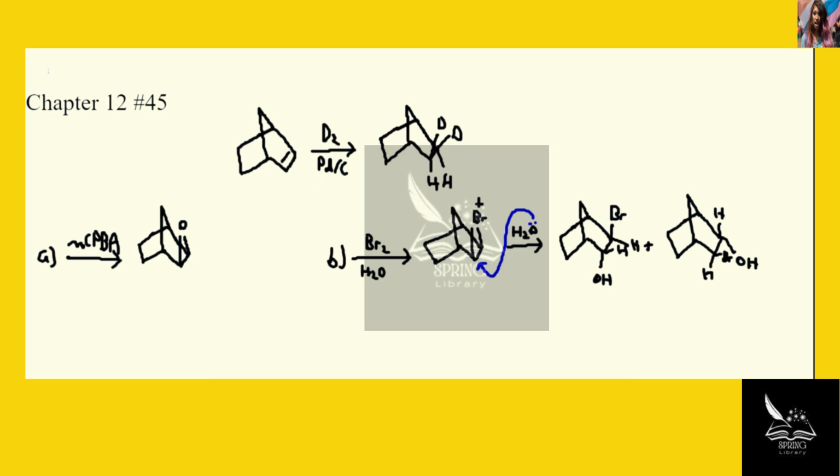Okay, and so this is important because in either of these cases, our final product after we treat with base, the oxygen is going to intramolecularly attack the carbon with the bromine on it. It will displace the bromine.